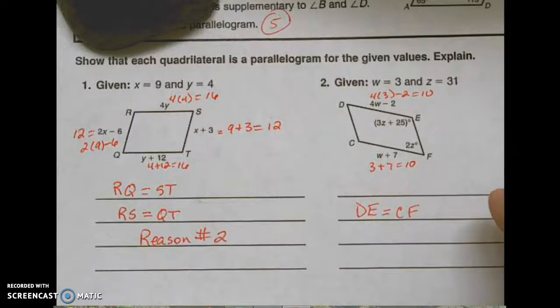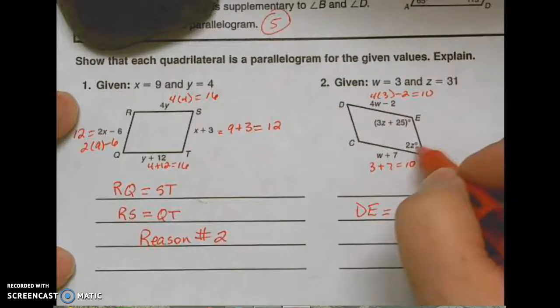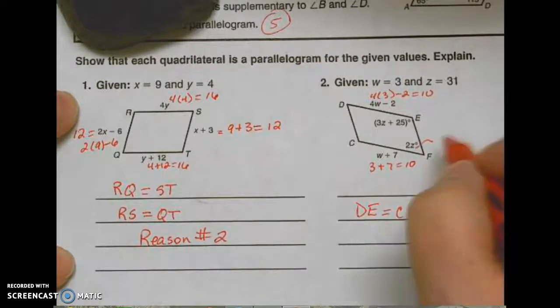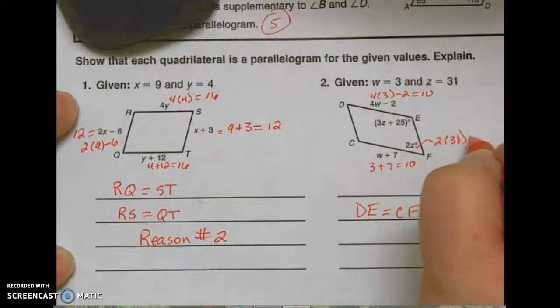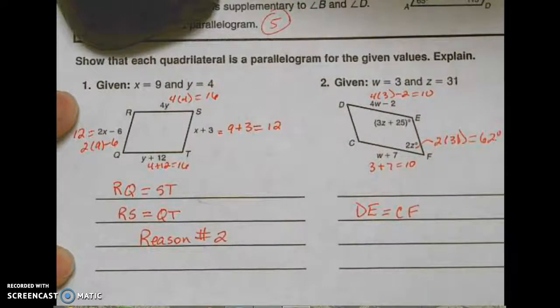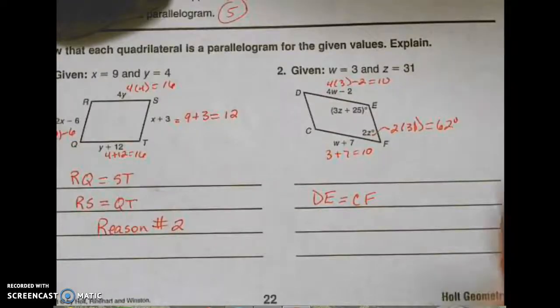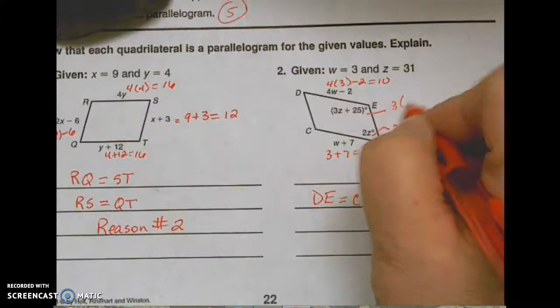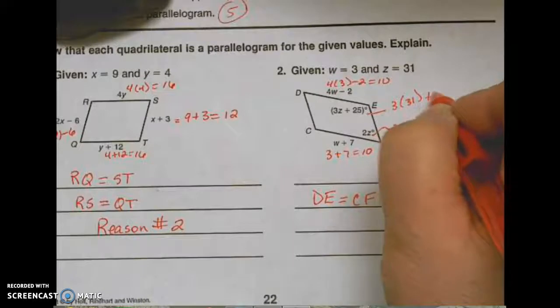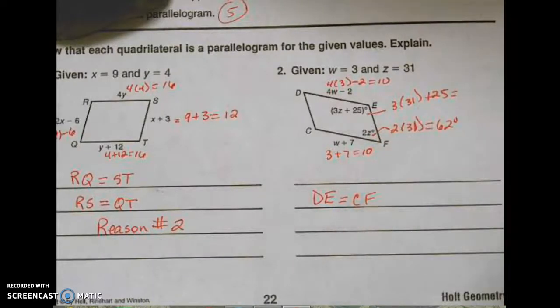The other information I have is about my angles. I know that my angle labeled 2Z means 2 times 31, which is 62 degrees. The angle that's labeled 3Z plus 25 means 3 times 31 plus 25, which gives me 118.